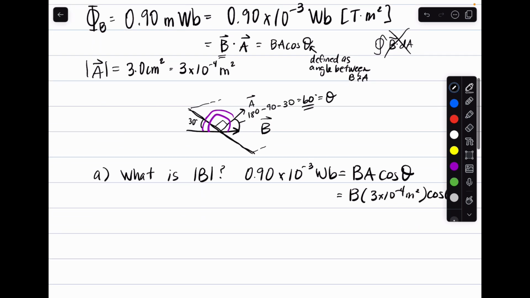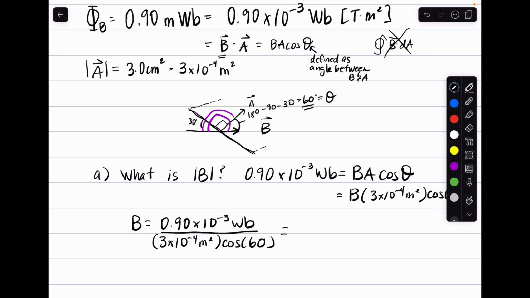So now we can solve for B. Put that in the calculator. All that for the number 6. We get 6 what? 6 Tesla. That's the magnitude of B.